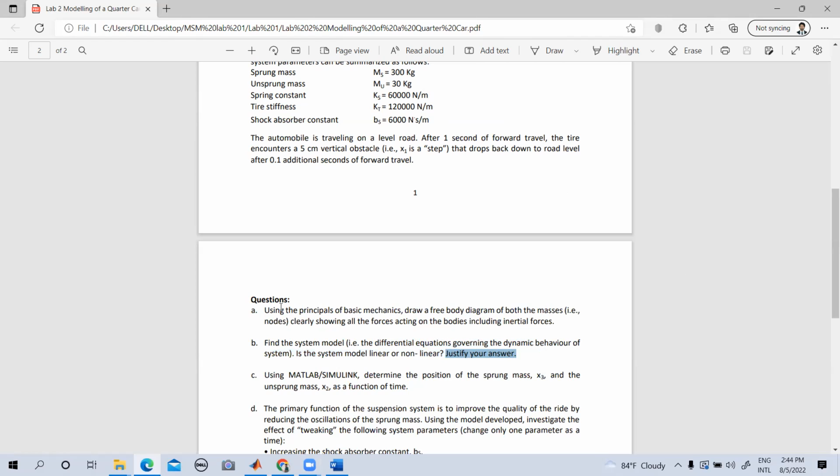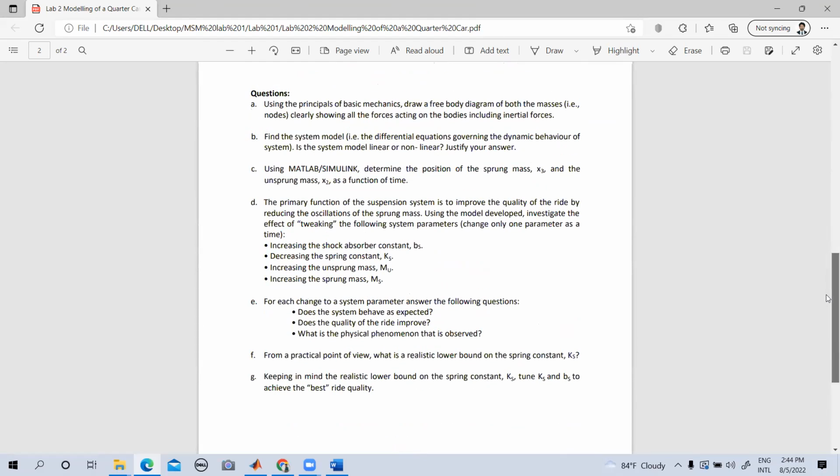So simply, now the two parts are done. Now we'll go to Simulink. You have to develop a Simulink model based on the set of equations that you obtain.